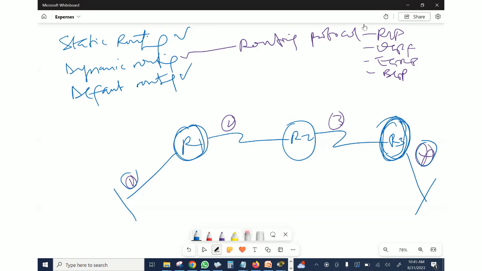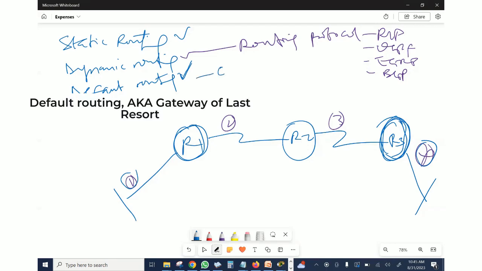Now, default routing, the third one. Sometimes we call it a gateway of last resort.